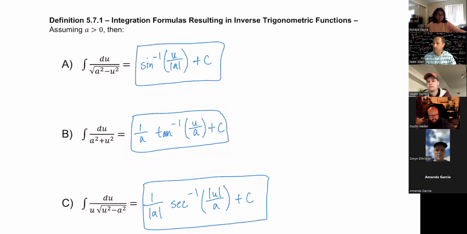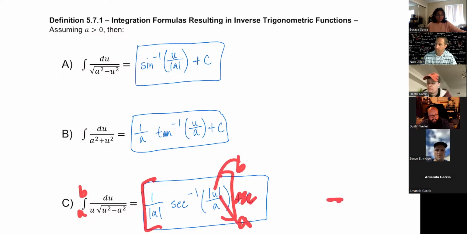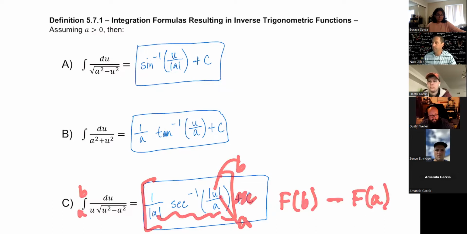And of course, if it's a definite integral from some number to some number, then we will evaluate it by plugging in the b and plugging in the a and subtracting our capital F of b minus capital F of a for those antiderivatives of the function given.